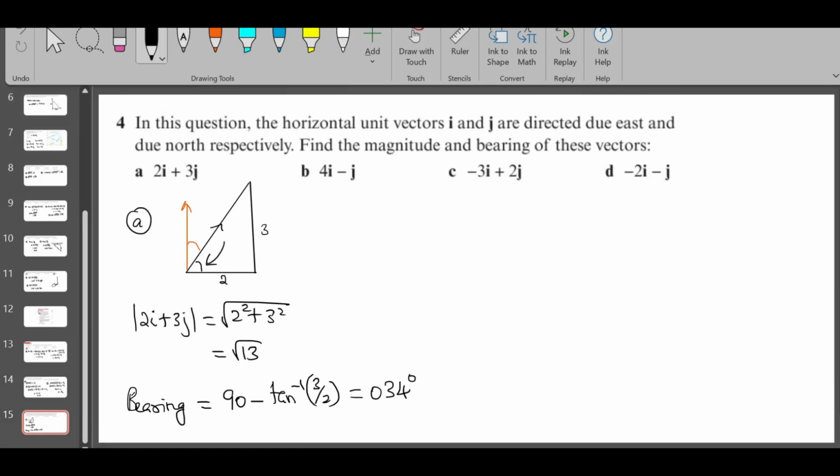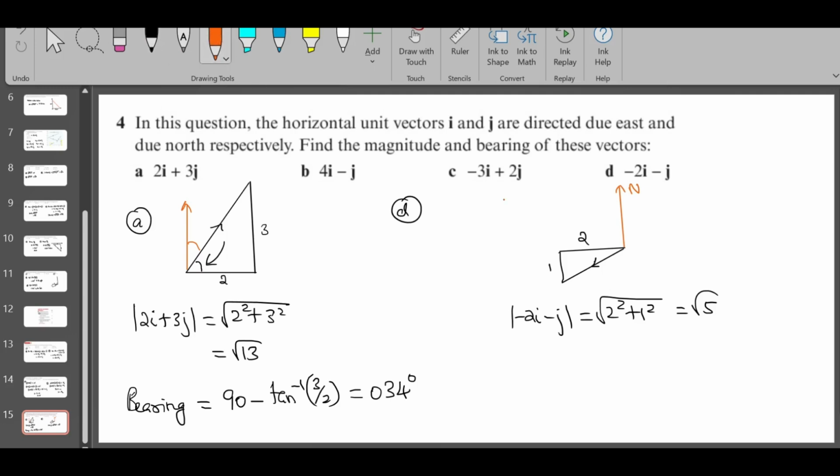I'll show you one more question. For example, d: minus 2i minus j. Let's say the y-axis or the north is here. This is minus 2i, this is 1. So this is the vector. So the modulus of minus 2i minus j, the magnitude is square root of 2 squared plus 1 squared, which is square root of 5. Now the angle that it makes with the vector, you need to take the positive direction.